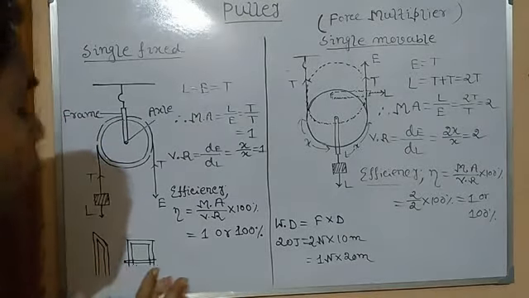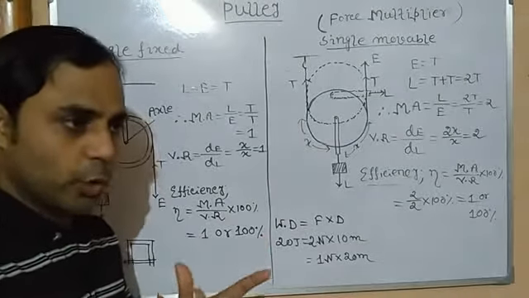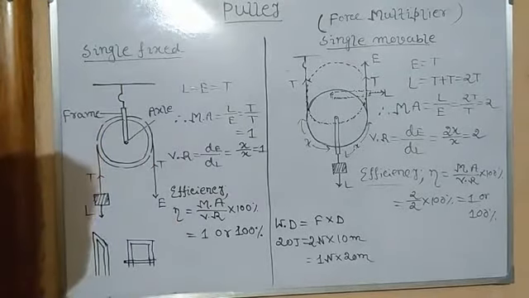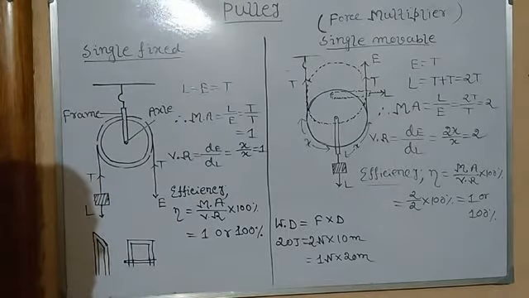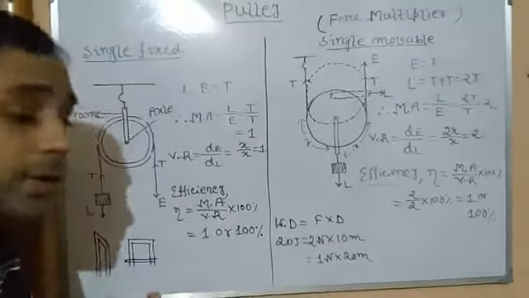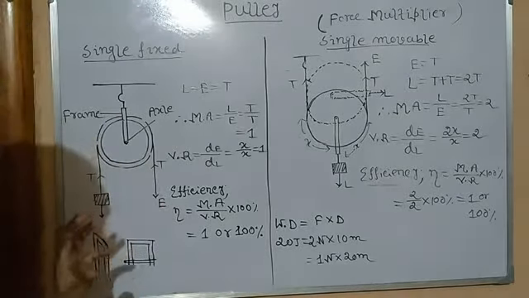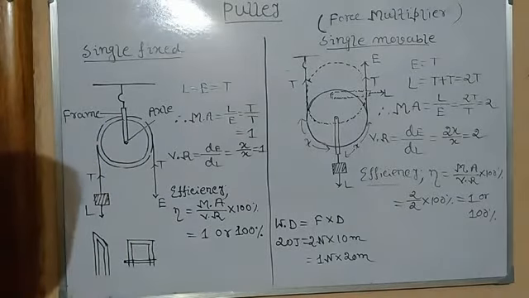The single fixed pulley is used only to do our work by changing the direction of the force to the convenient direction. Here the convenient direction is towards gravity, that is, the downward direction. Clear? So this is the single fixed pulley.